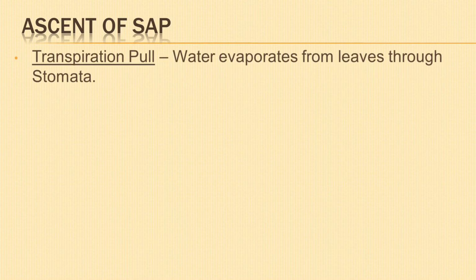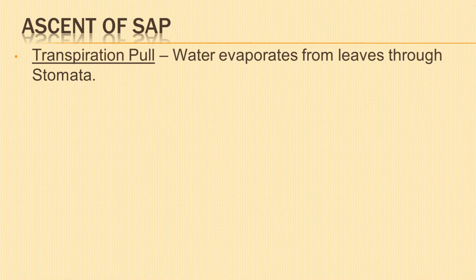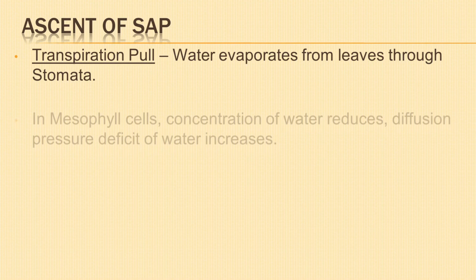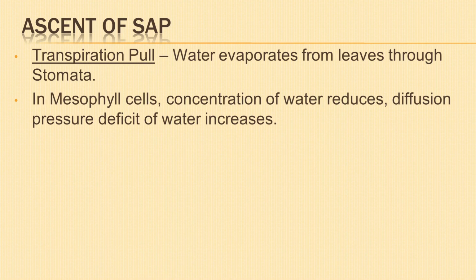Transpiration pull. During transpiration, water molecules evaporate from the surface of leaves through stomata. The concentration of water gets reduced in mesophyll cells, and diffusion pressure deficit of water in mesophyll cells increases.